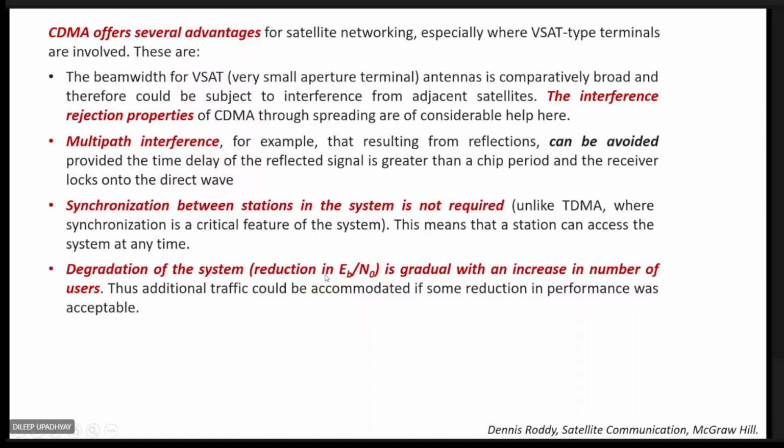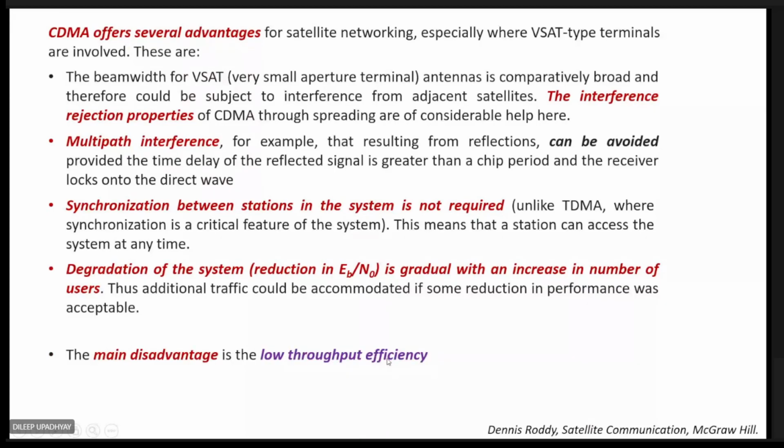Then the degradation of the signal to noise ratio is gradual, not abrupt. Even if users go from k to 2k, there is not a large Eb/N0 degradation, so the probability of error will not increase much. But the main disadvantage of CDMA is the low throughput efficiency.